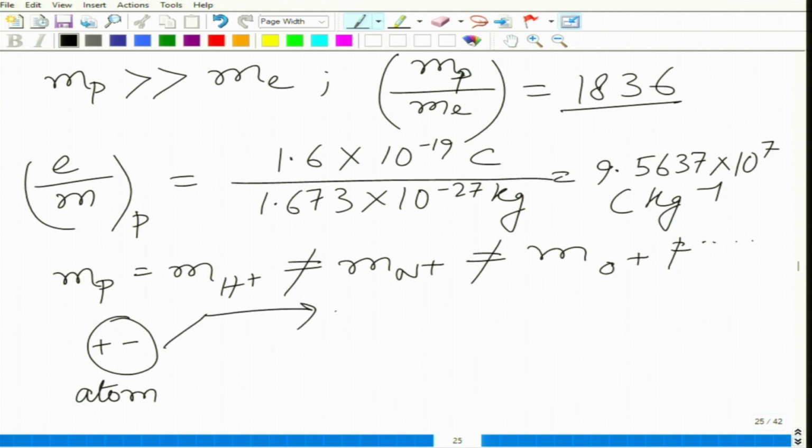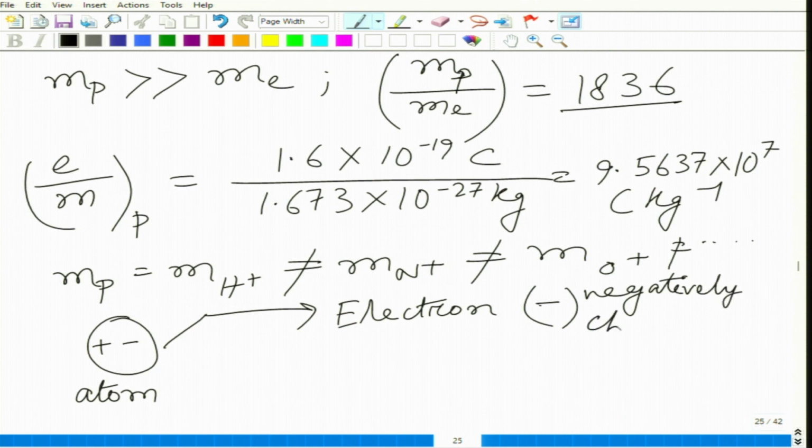We now know that the negative part of an atom is the electron, negatively charged, and the positive part was the proton.